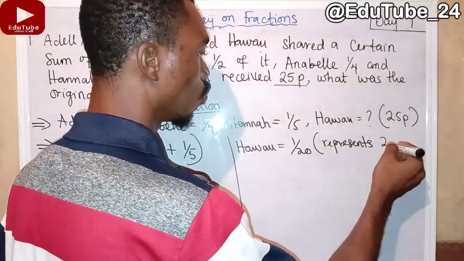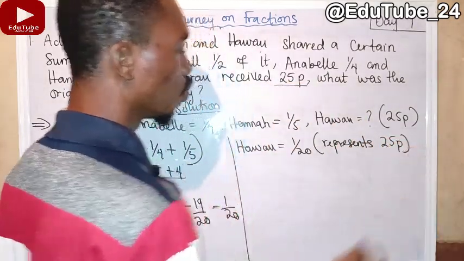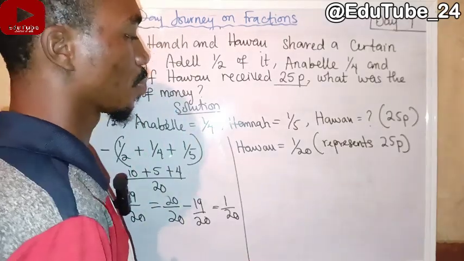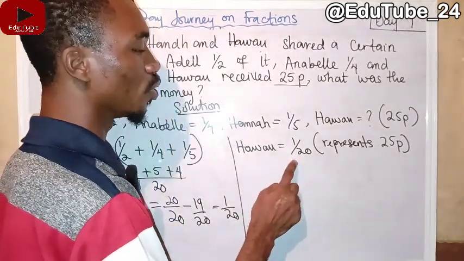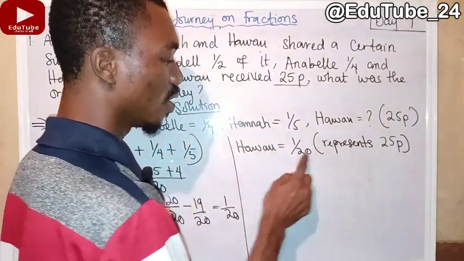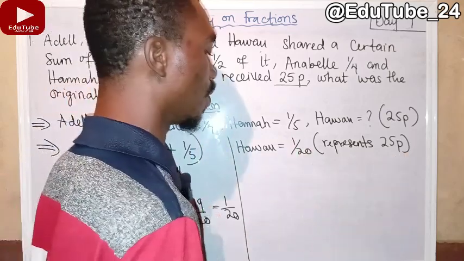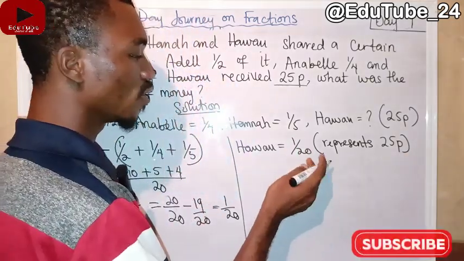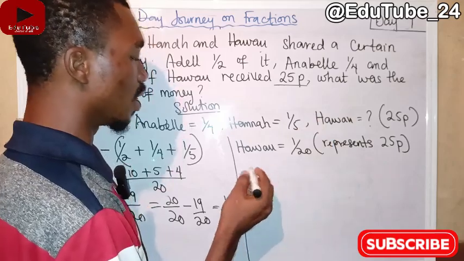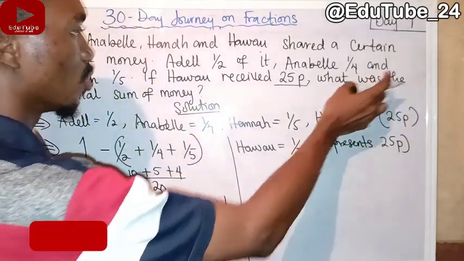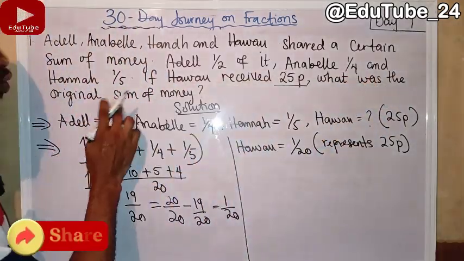So if this fraction 1 over 20 of the entire money represents this 25 pence, that means 20 will be the entire money. So the main question, let's go back to the main question, which is what was the original sum of money?